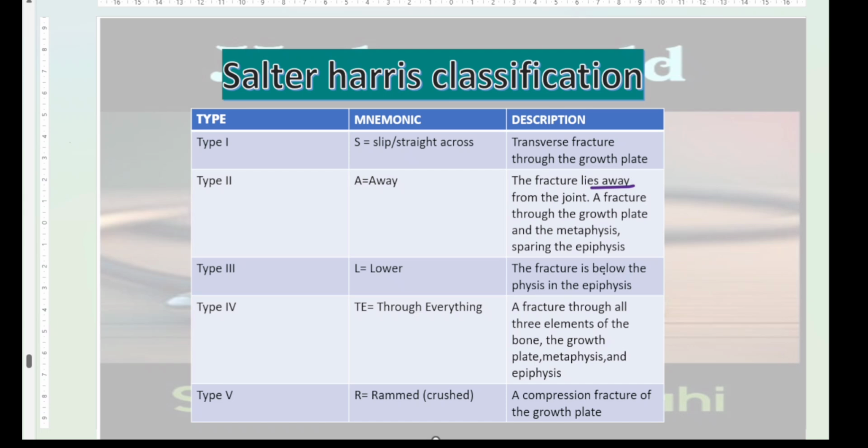The fracture is below, below means lower, the physis and the epiphysis. And type 4 is through everything, means the fracture passes through all the three elements, that is growth plate, metaphysis, and epiphysis. And type 5 is crushed, means it is the compression fracture of the growth plate.